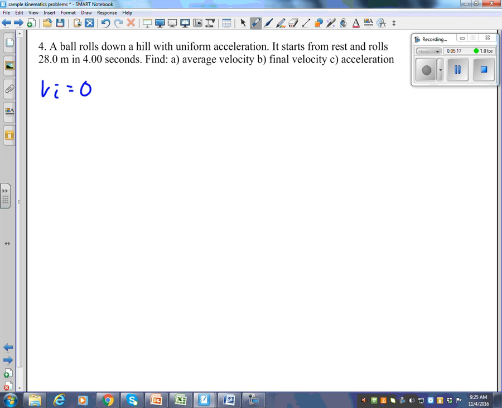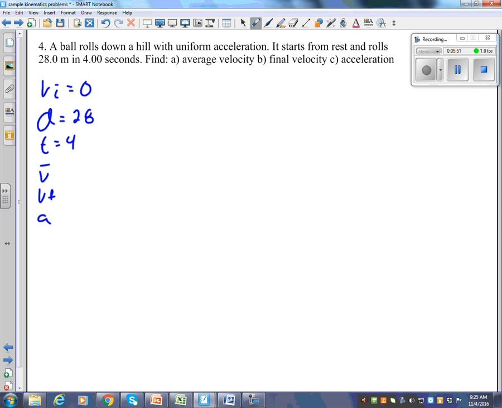And it rolls 28 meters, so my distance is 28. My time is 4 seconds. Find the average velocity, find the final velocity, and find the acceleration.